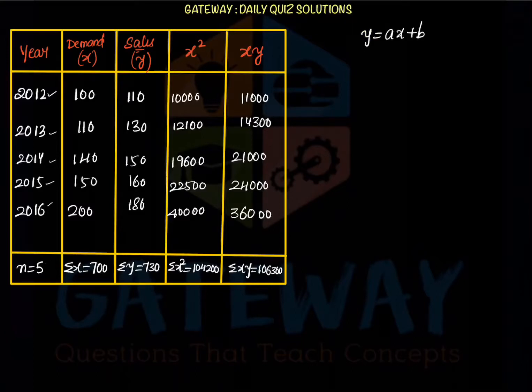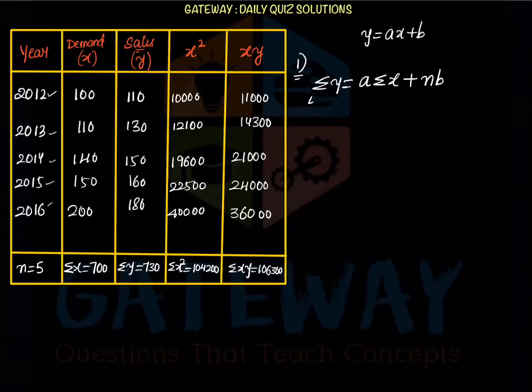plus b. So what we will do is initially we will make the summation. So sigma y, whenever we make the sigma y, it will be a times sigma x, and whenever we add b 5 times, suppose here n is equal to 5, then it will be n into b.